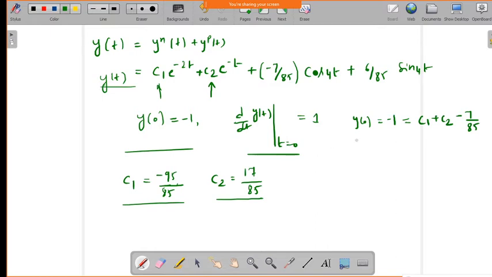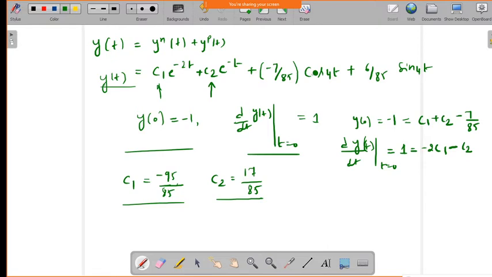Similarly, d by dt of y of t at t equal to 0 is equal to 1, and you will get the equation as minus 2 C1 minus C2, and the cos term will become a sine term.